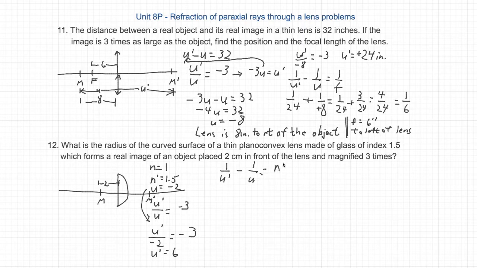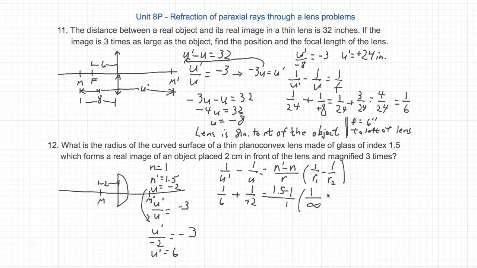Now that we know U prime and U, we can solve for the radius. We know that the radius of the first surface is infinity. It's a flat surface. So 1 over R1, which is 1 over infinity, will equal 0. And we are left to find R sub 2. So 6 is our common denominator.